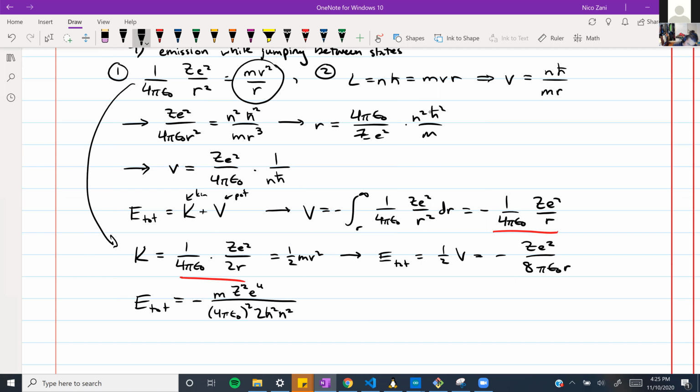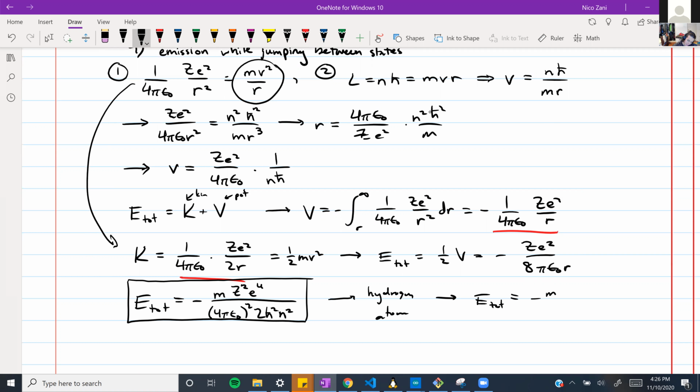And that is our result for energies of Bohr's atom. This should look very familiar. If we simplify this down to the case of the hydrogen atom, we just get that E total is equal to, I'm essentially making Z equal to 1, and then this is 4 pi epsilon naught squared 2 h bar squared n squared.